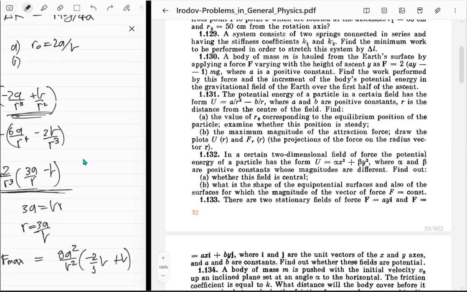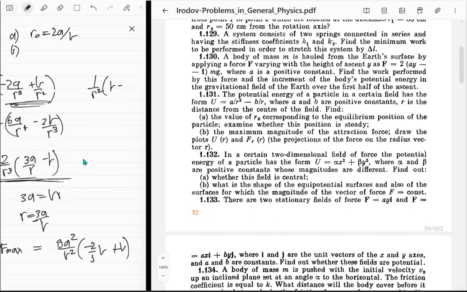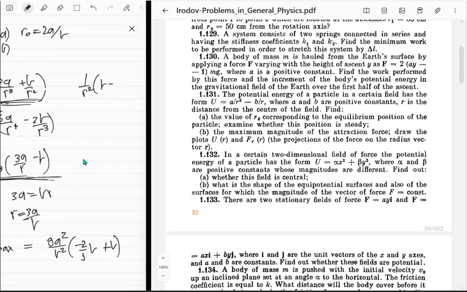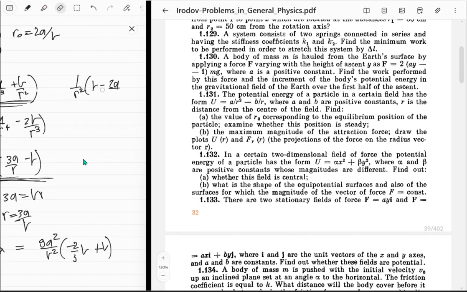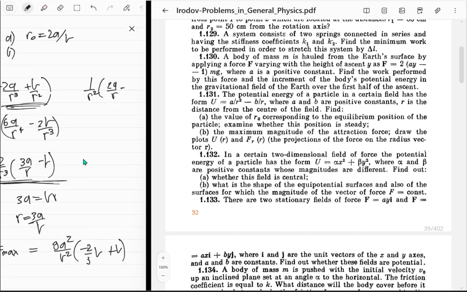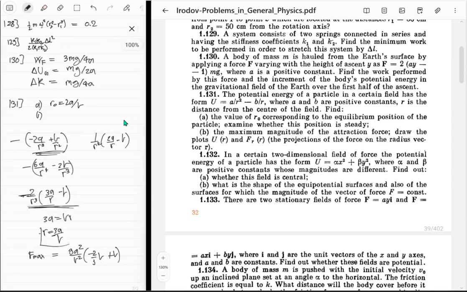So just take negative inside actually. It's going to be 1 upon r squared into b minus 2a upon, oh wait, that's negative, sorry. It should be 2a upon r minus b. So as r approaches 0, this quantity actually approaches positive infinity. So yeah, that will do it. It's not attractive at all. So really at r equal to 3 upon b, we get the maximum attractive force.